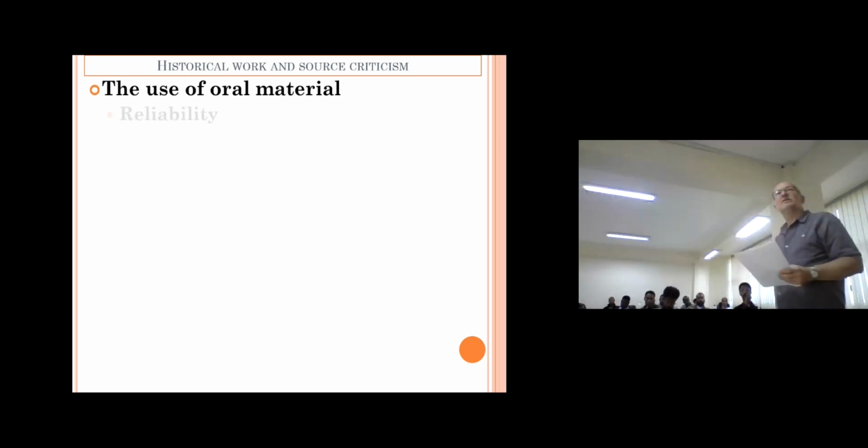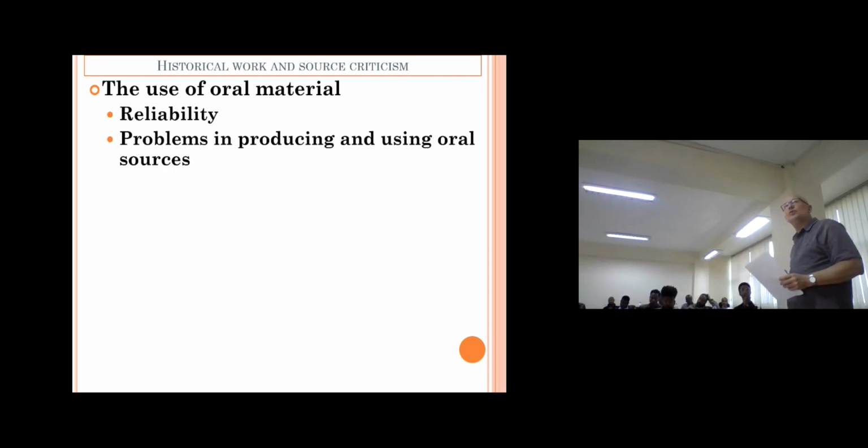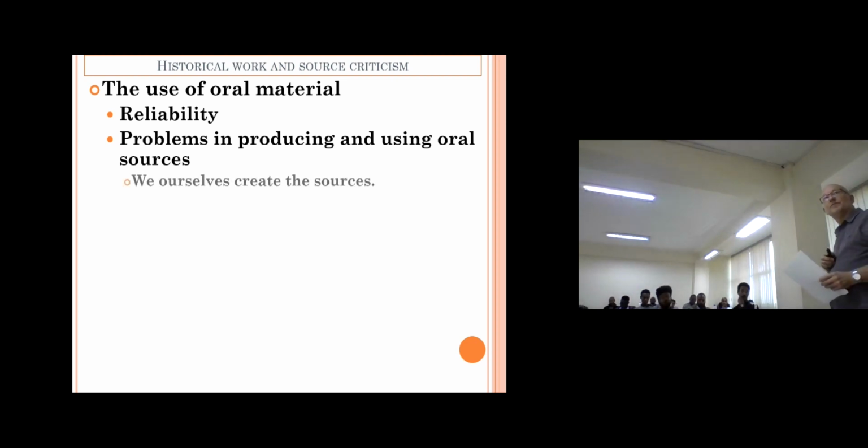Yesterday, we considered the problems in producing and using oral sources. And we also talked about how we could make up for those problems, those challenges. What could we do about it when we use the sources so that we can get reliable information from our interviews?